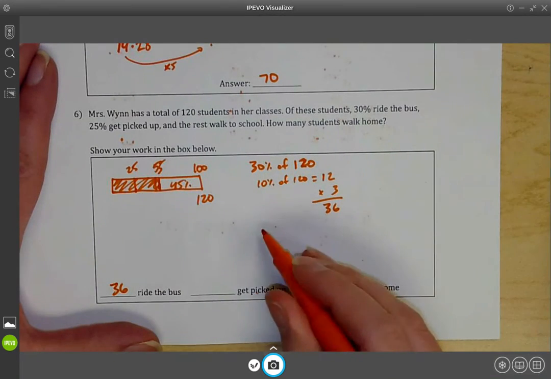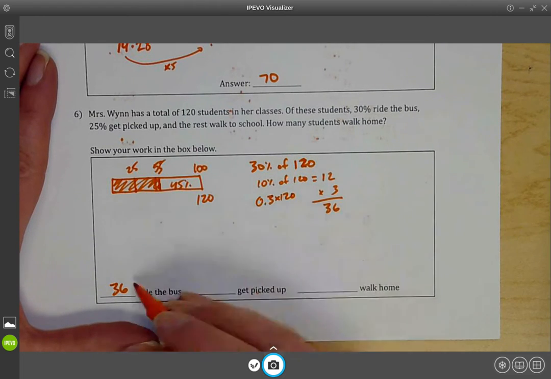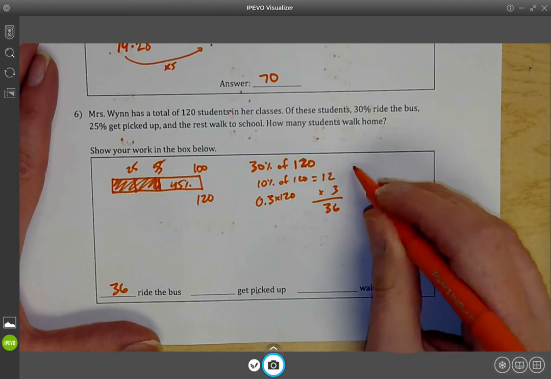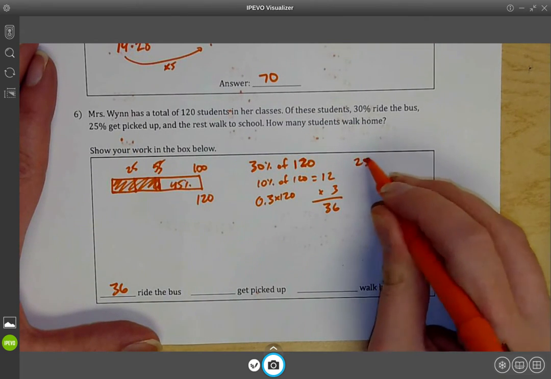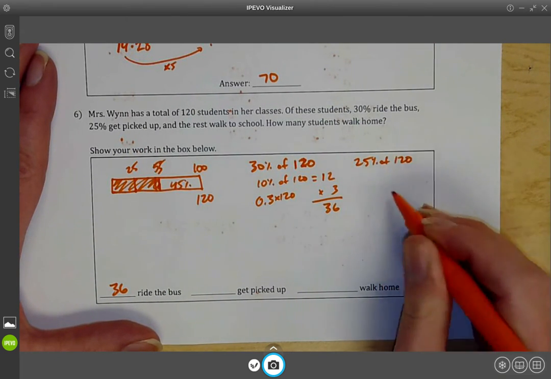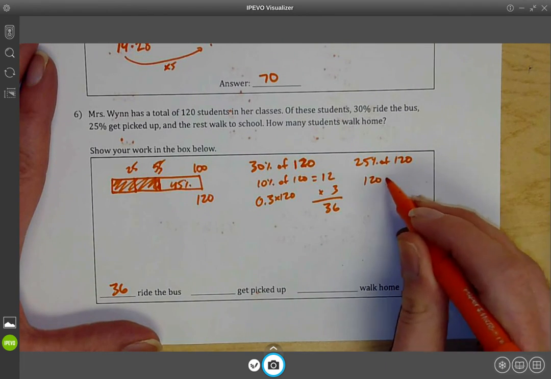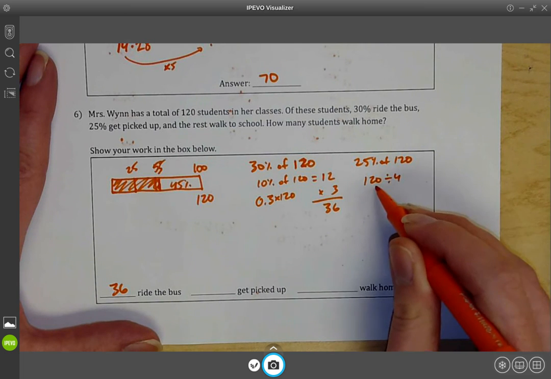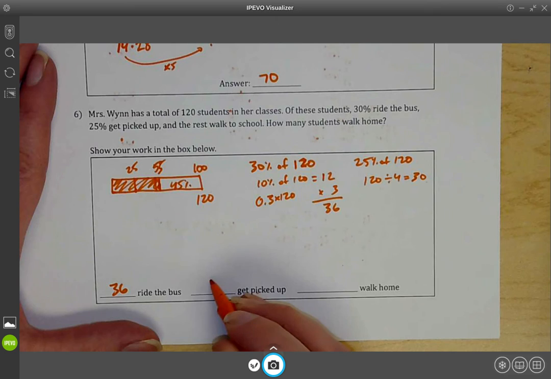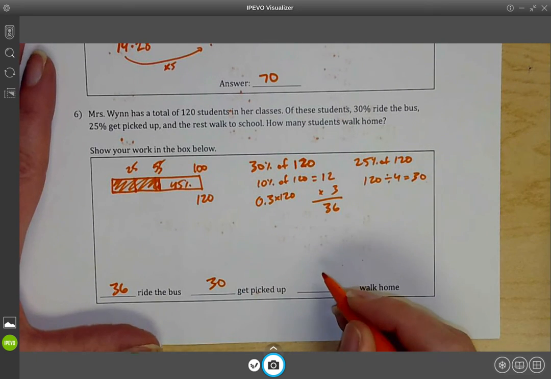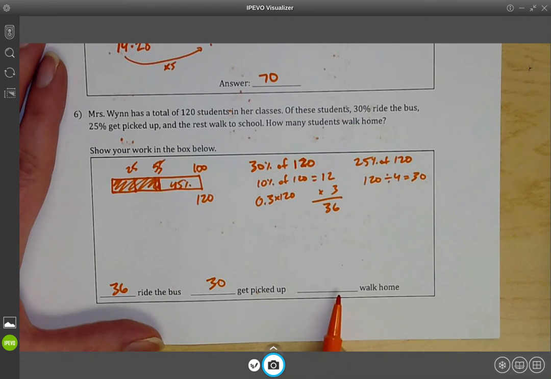If I was using an equation, I would need 0.3 times 120 to get that 36. 25% get picked up. So what's 25% of 120? To find 25%, we can divide by 4. So 120 divided by 4 is 12 divided by 4 is 3 with a 0. So 30.